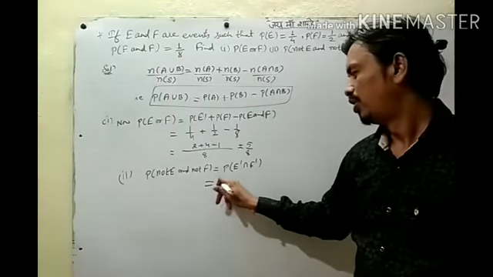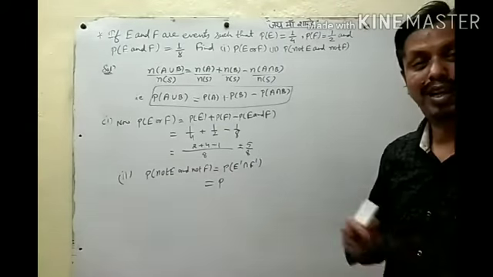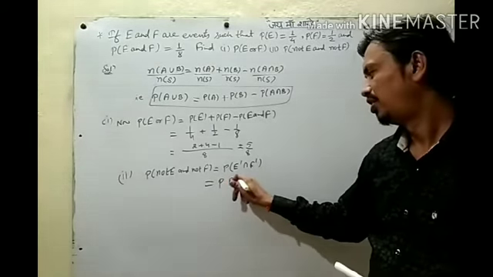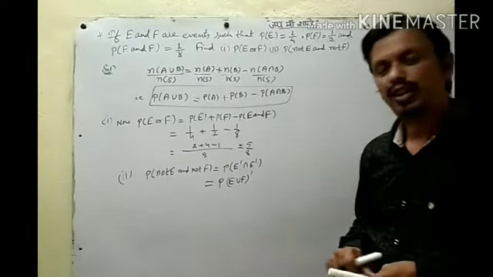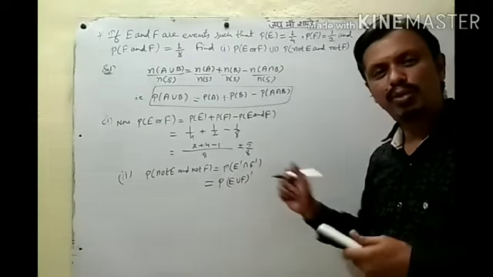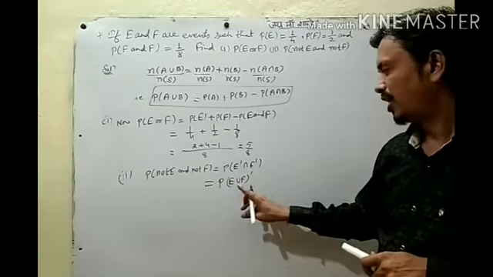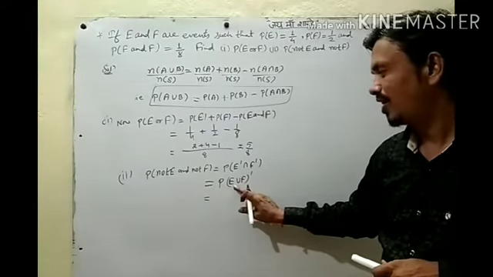Now E dash intersection F dash, by De Morgan's law, we can write this as complement of E union F. Complement of E union F is intersection of their complements. We have seen De Morgan's law, so we can write like this.